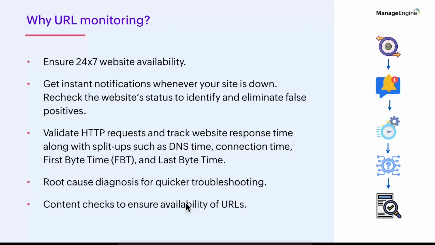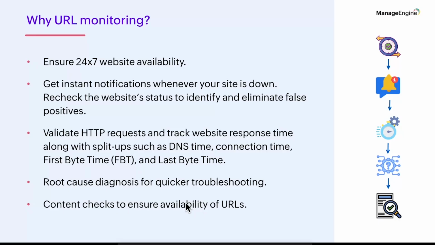And you'll also be able to validate HTTP requests and track website response time along with other important metrics such as DNS time, connection time, first byte time, and so on. Effectively, you'll be able to quickly diagnose the root cause of issues. And finally, you'll also be able to perform detailed content checks to ensure the availability of URLs.